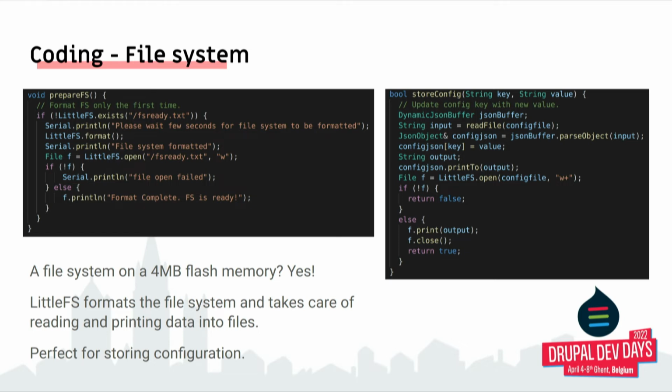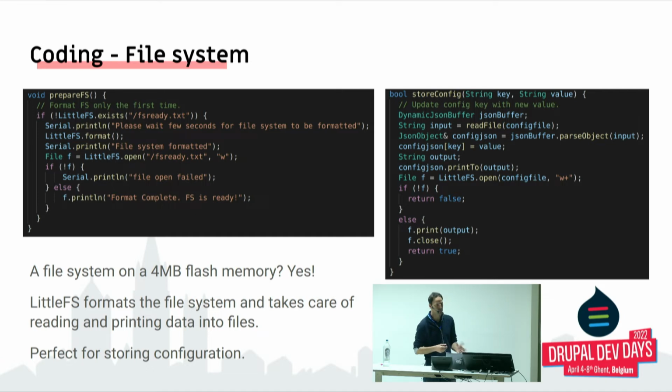So this is where I'm explaining this. You have the prepare FS function, which formats your file system and gets it ready to be able to read and write from the files. The store config function is the one I described before.